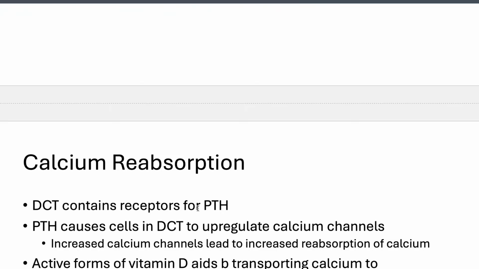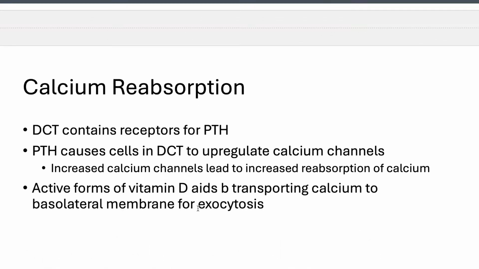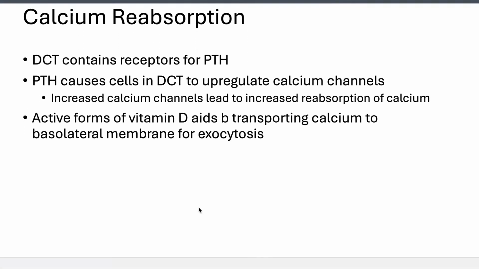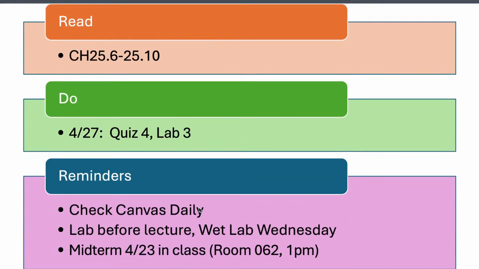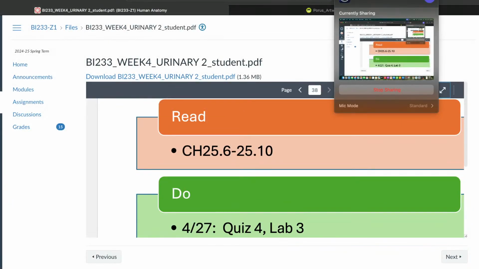The distal convoluted tubule is going to respond to that, and it's going to help by increasing calcium channels, which will allow for more reabsorption, because these channels will flow outwards. Done. That is it.